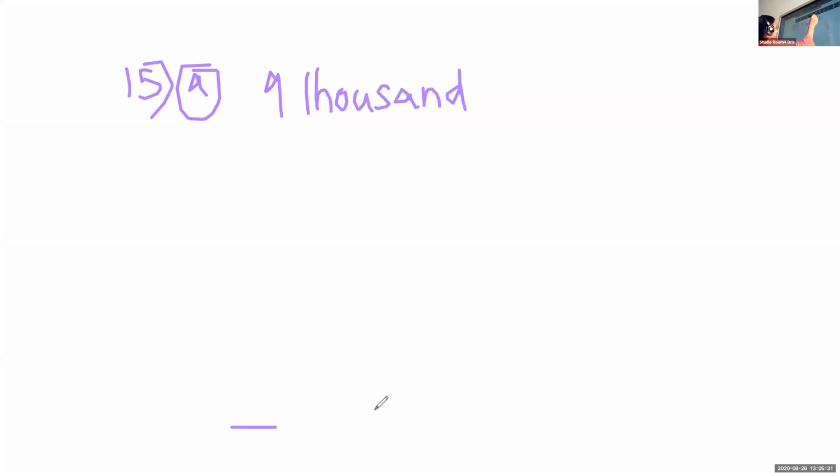So we are going to write question number 15A. Here, children, we have to compare the thousands place. So in 15A, we have 9,000 is greater than 3,000.